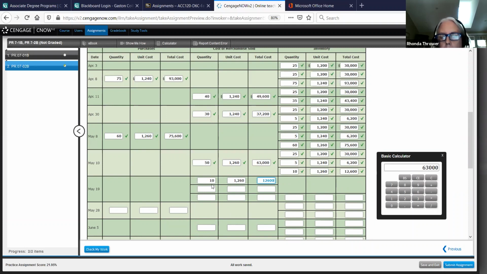And since we sold 20 units, we've accounted for 10. We're going to liquidate the entire layer that came from the April 8th purchase. So all 5 units at $1,240 are going to be liquidated.